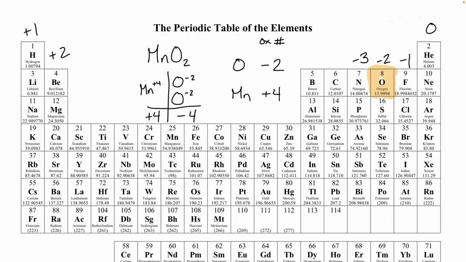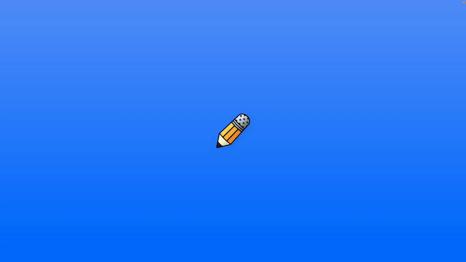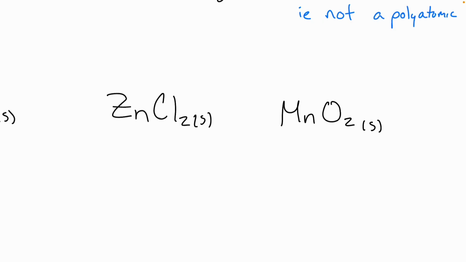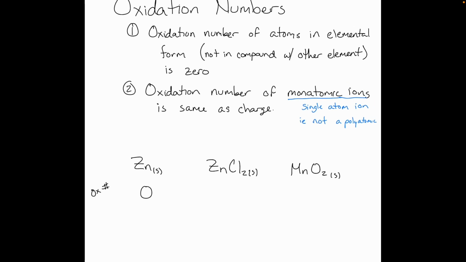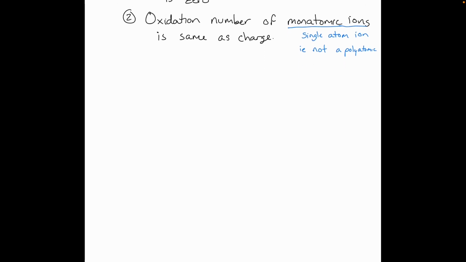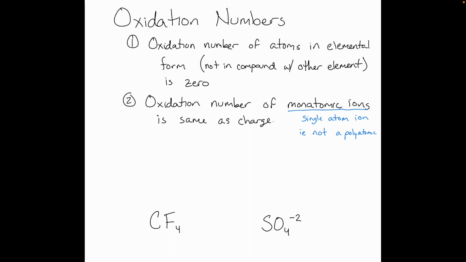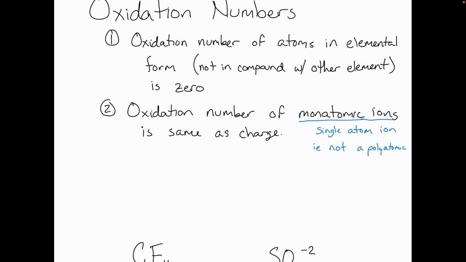All right, so that's all well and good. Now let's do another example. We're going to put 2 more down. So this gets us through sort of simple ionic compounds, but again, the whole concept of oxidation numbers is that it extends to covalent compounds as well. So how do we deal with covalent compounds?